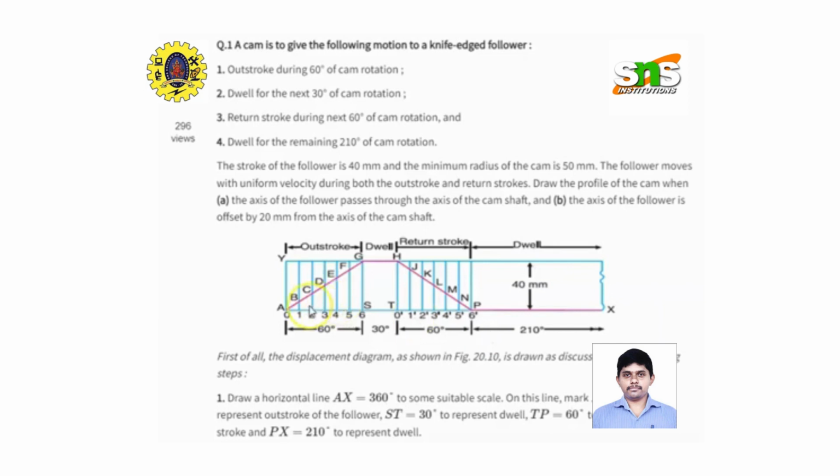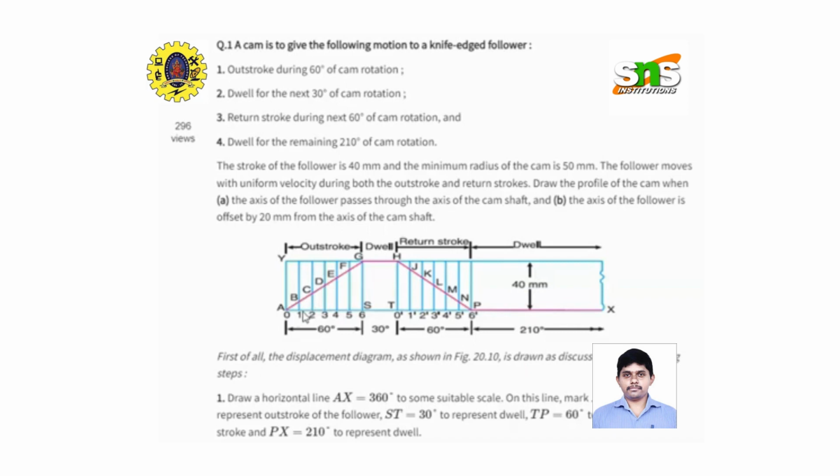Here you may have a doubt: how can we draw an angle as a length, and similarly how can we draw the follower movement, that means the height of the follower? When you construct this diagram, you need to remember one thing: we need to take a scale.